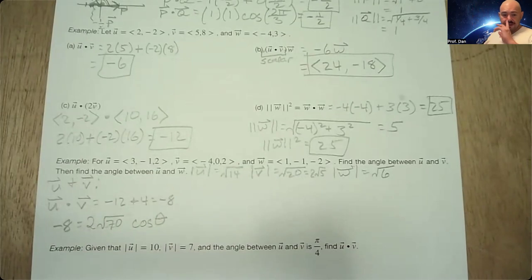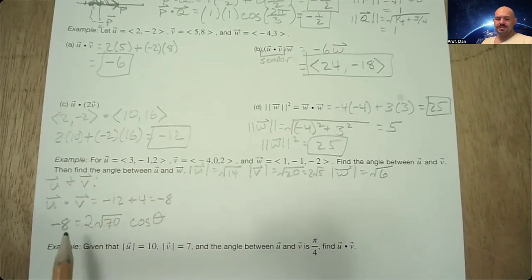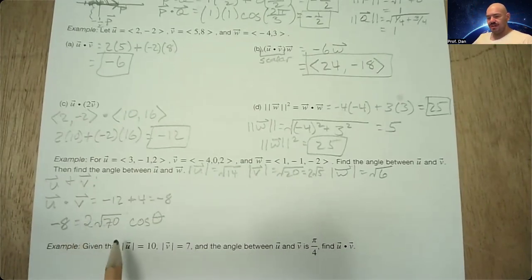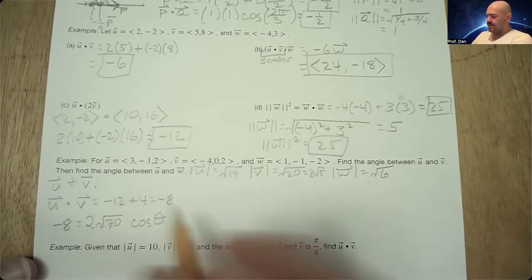In all honesty, though, that's not going to help us because this is not a 3 or a 2. If we can make it so that we leave just the square root of 3 or just the square root of 2, then there's a good chance that we'll end up getting a unit circle value here. Here we won't. So we actually have to rely a little bit on some technology to figure out what cosine of that angle is.